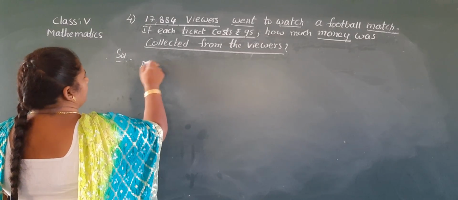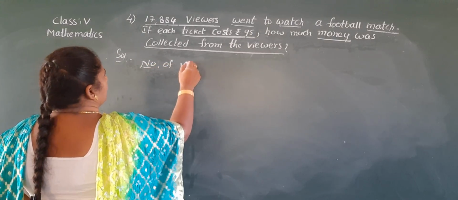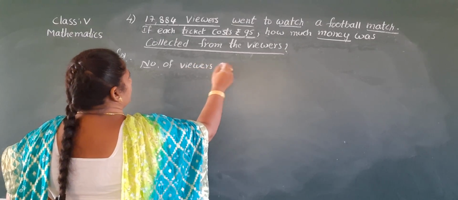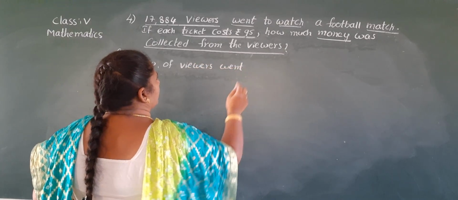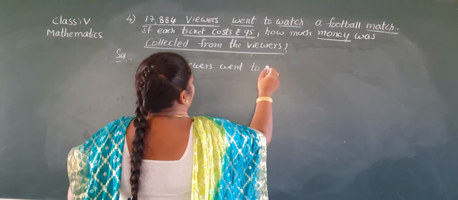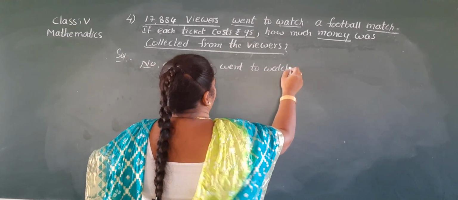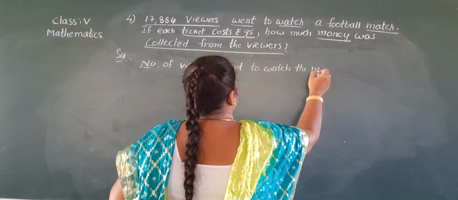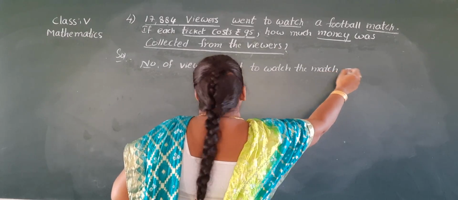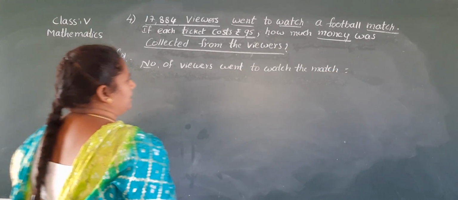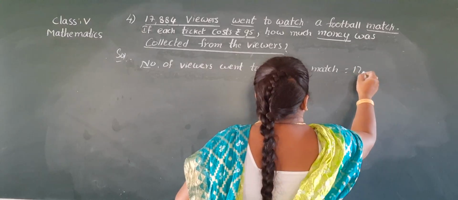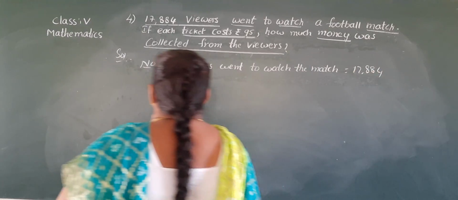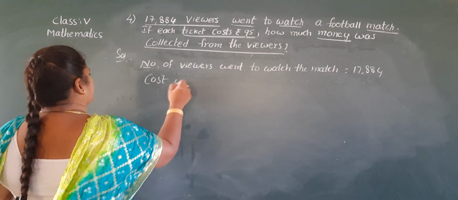Number of viewers who went to watch the match. So how many members went to watch the match? It is 17,884. Then cost of each ticket.